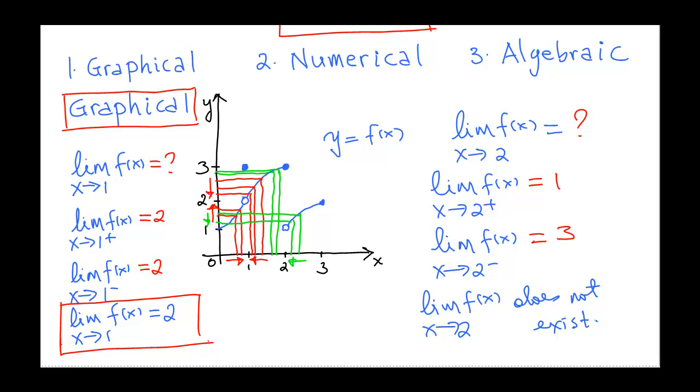So in general, the limit may exist, or the limit may not exist, depending on the behavior of the function near the given point. So this is how we can approach the concept of limits graphically. So next we are going to see the numerical approach.